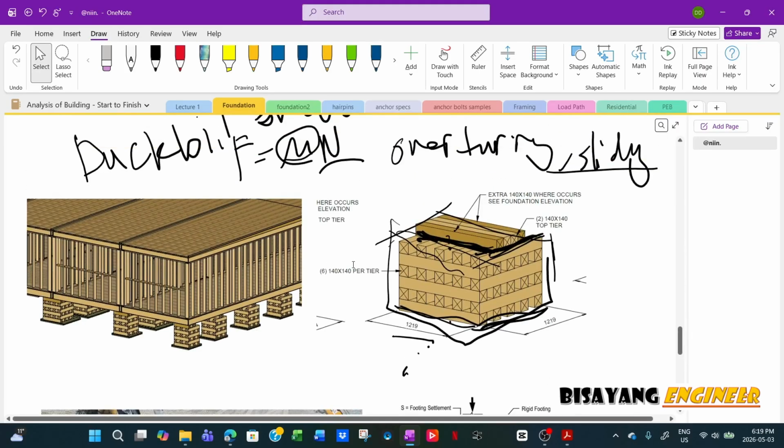So this one is for a workers camp for an oil and gas company. Most of the time, if it's during exploration, then you're talking about 1 or 2 years.